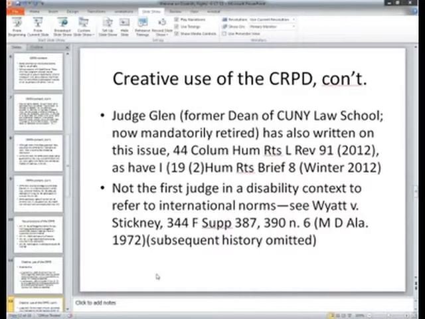I actually worked on the Wyatt case not in 1972, but later in the 70s on one of the enforcement provisions. But it's interesting that Judge Johnson thought that provided a little bit of interesting support for that proposition.